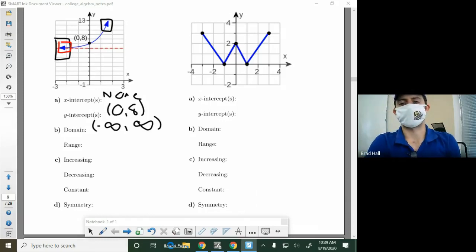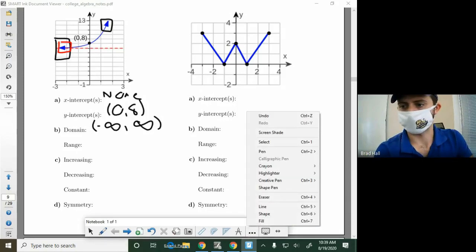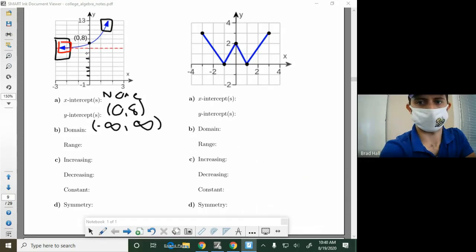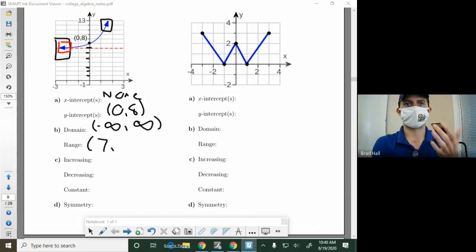So we have to think about what's the smallest, and this is the range, so this is the y value. So what is the smallest y value possible? So where does the barrier happen? That's 1, 2, 3, 4, 5, 6, 7. Okay, seems to be 7 then. And we use a parenthesis because there's a barrier there. Can't reach the barrier.